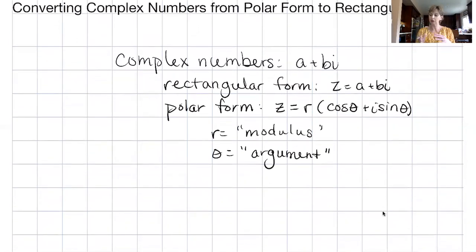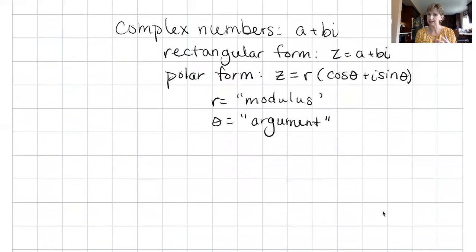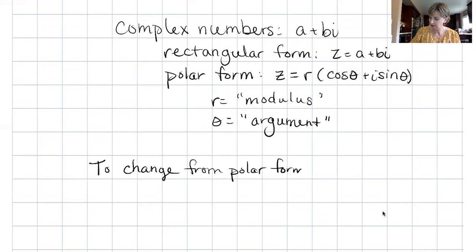Okay, so we were able to go from rectangular to polar, but now today we're going to work on going from polar back to rectangular, and it's actually pretty easy. It's easier than doing the opposite. To change from polar form to rectangular form, we have very easy little equations to use.